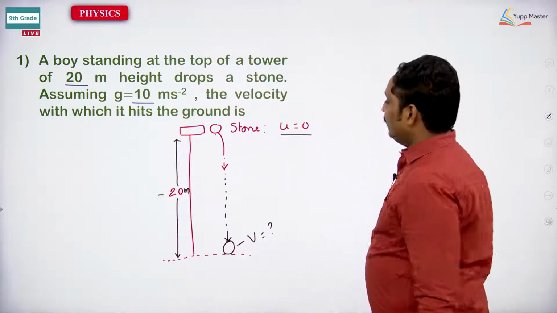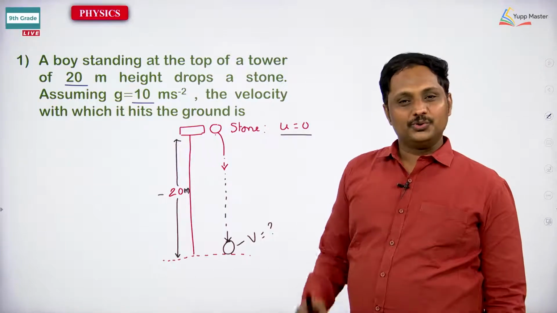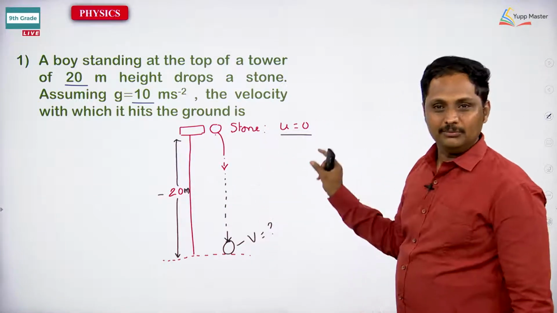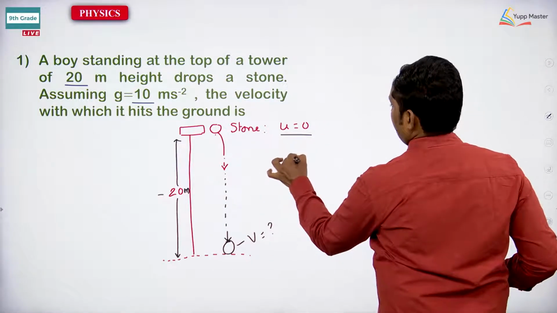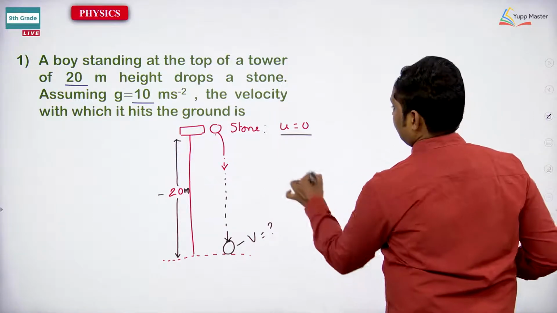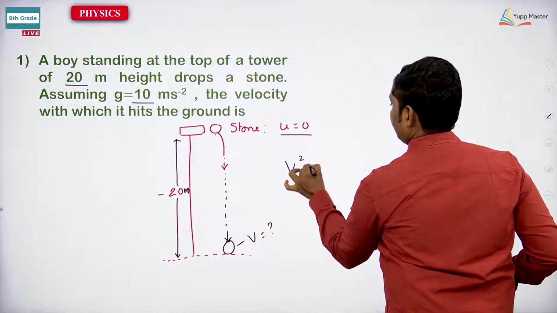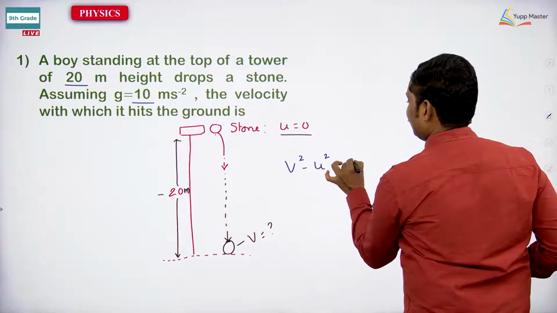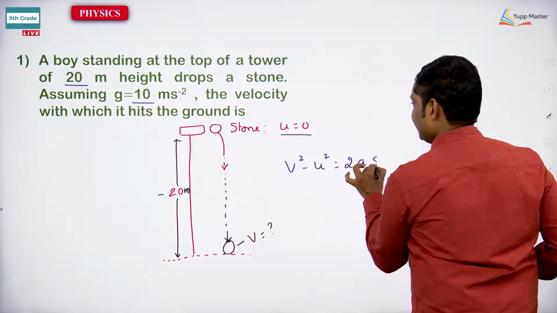This is the height. We are going to take the equation of motion which is suitable for this problem. Let us take the equation v square minus u square is equal to 2as.